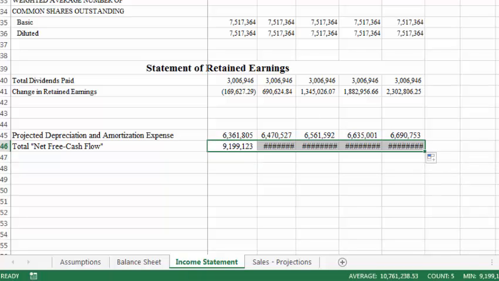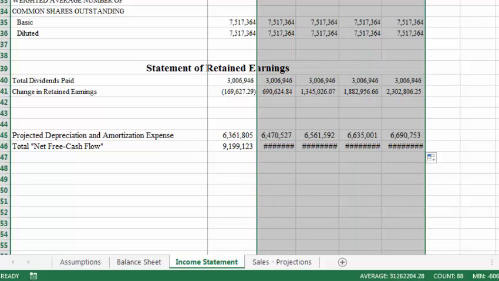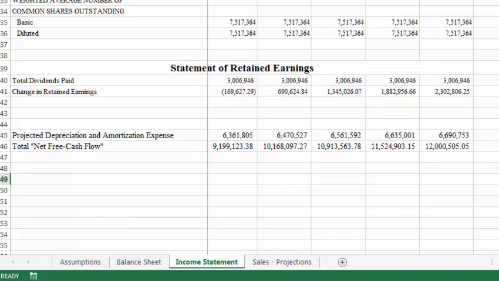And so we're getting some fairly decent sized numbers here, it looks like.